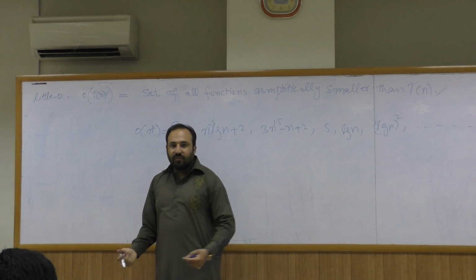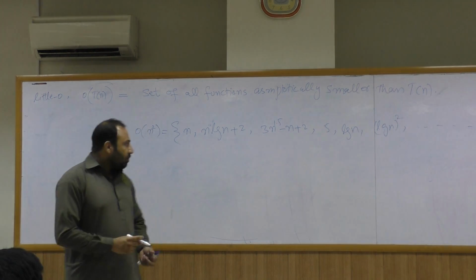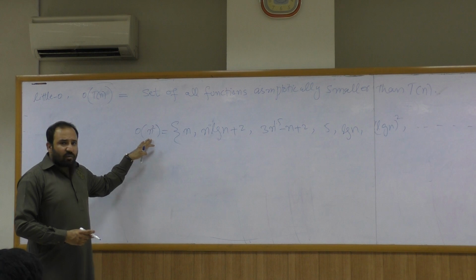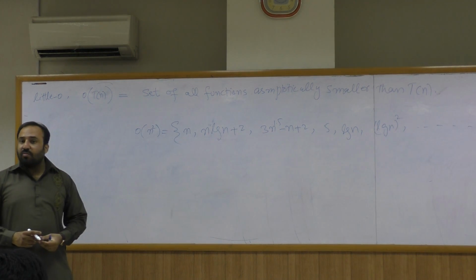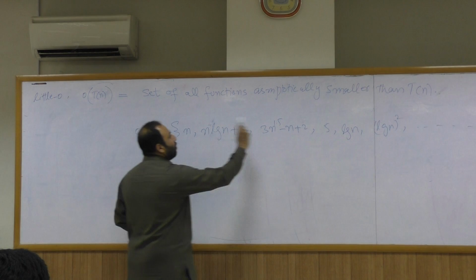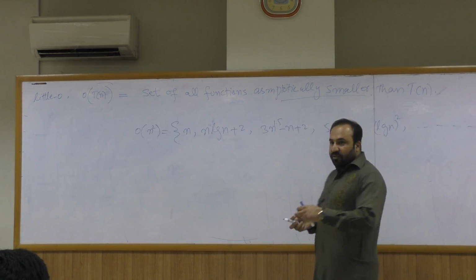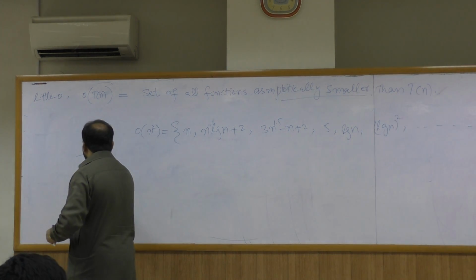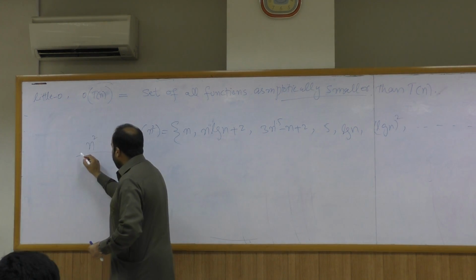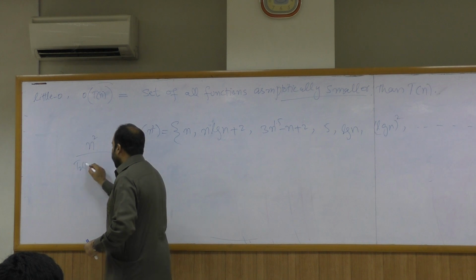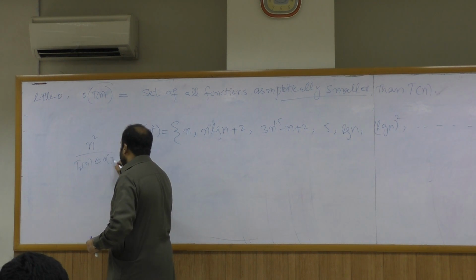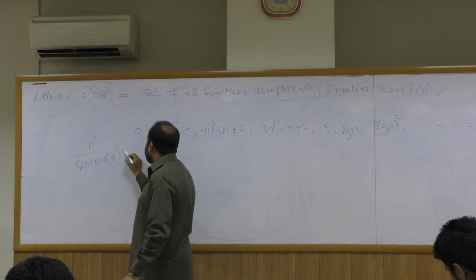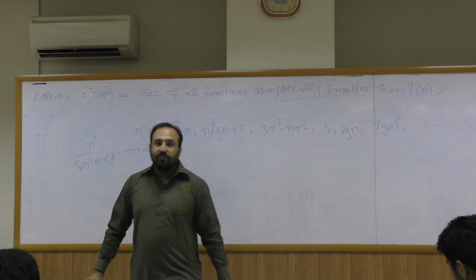इसमें n square क्यों नहीं आ सकता? Because that is not smaller than this. That is equal to this. अच्छा. I need strictly smaller. When you compute the ratio of n squared to anything that belongs to little o of n squared, this ratio must be infinity.